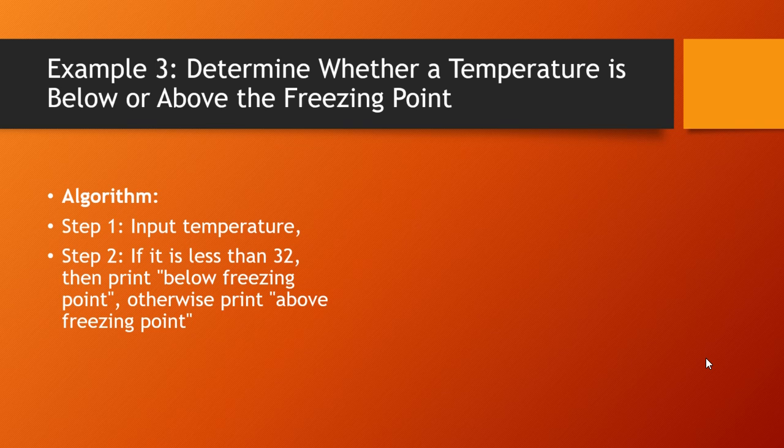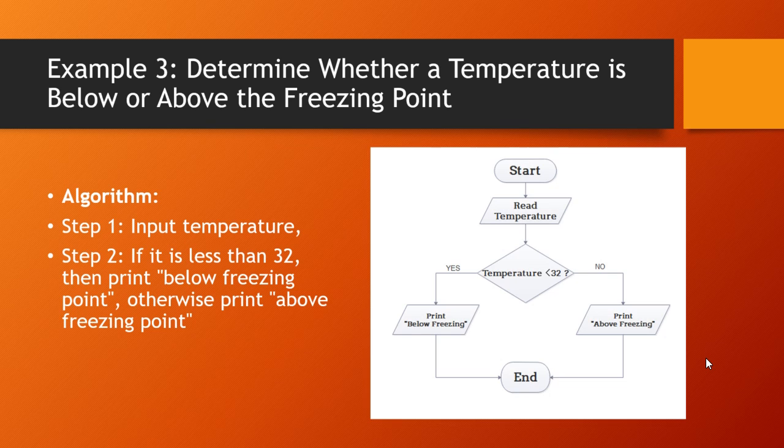So this is a very simple algorithm, which if you are going to visualize this in a form of flowchart, it would look like this. So the first is the temperature is read, which will serve as the input, so it's inside the input box.